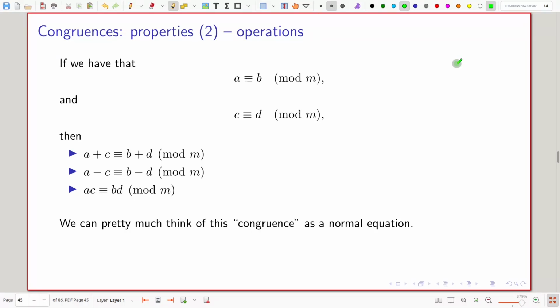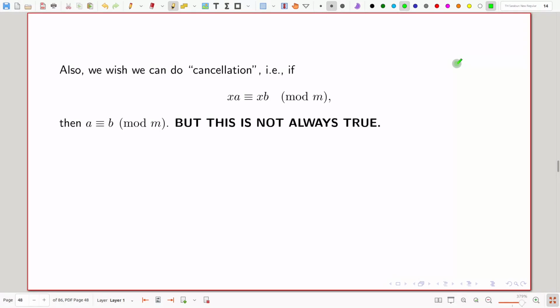So you think of congruence as a normal operation, except you cannot divide. We would like to do divisions, like when you know that xa equals xb mod m, I would like to cancel out x.